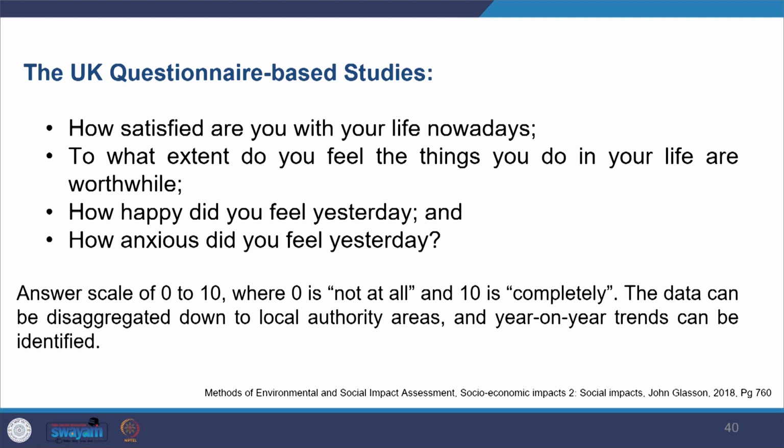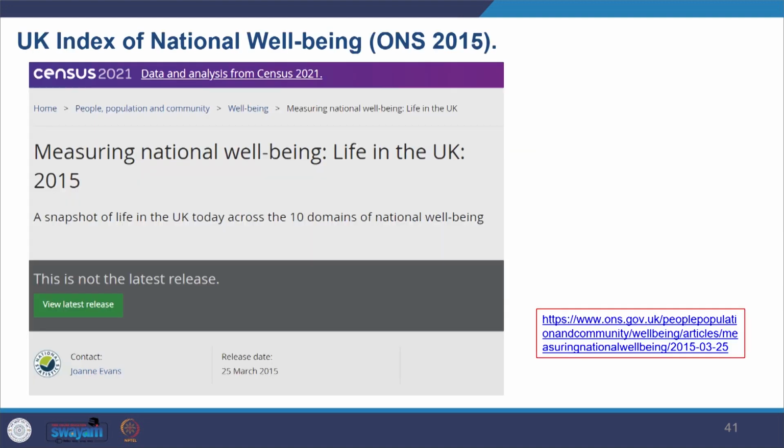So you see how subjective and qualitative it is, and the scores are recorded from 0 to 10, where 0 is not at all and 10 is completely happy or satisfied. I've given you a link to these guidelines, the OECD measuring subjective well-being, as well as a link to the Index of National Well-being by the UK.